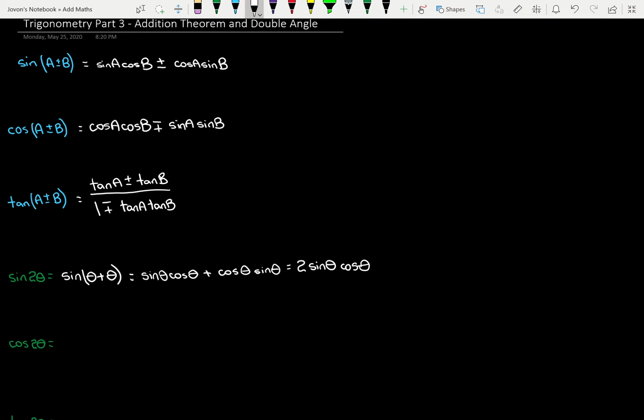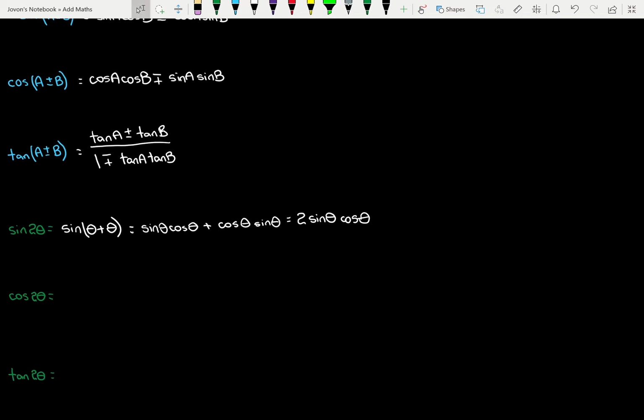Okay, then we have cosine 2 theta. Again, this is the same as writing cosine of (theta plus theta), which is equal to cosine theta cosine theta minus sine theta sine theta, which is equal to cosine squared theta minus sine squared theta.